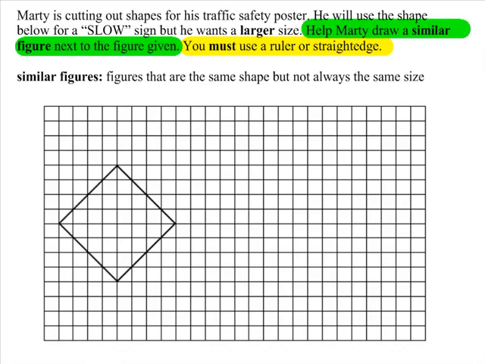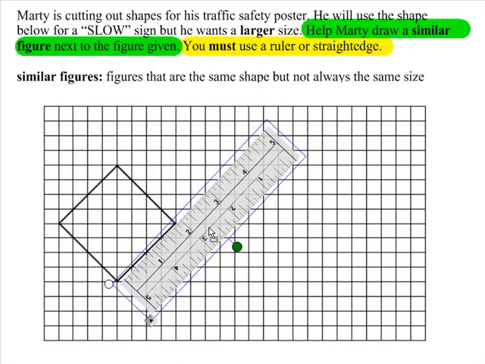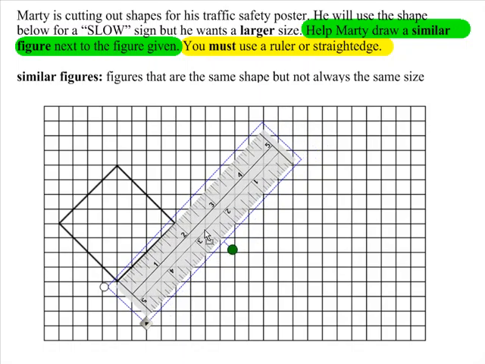Okay, well, since we're supposed to use a ruler or straight edge, here's one. Let's use one to measure the lengths of the sides. And let's see, this is about 2 inches here. So let's go ahead and label that. That's 2 inches.